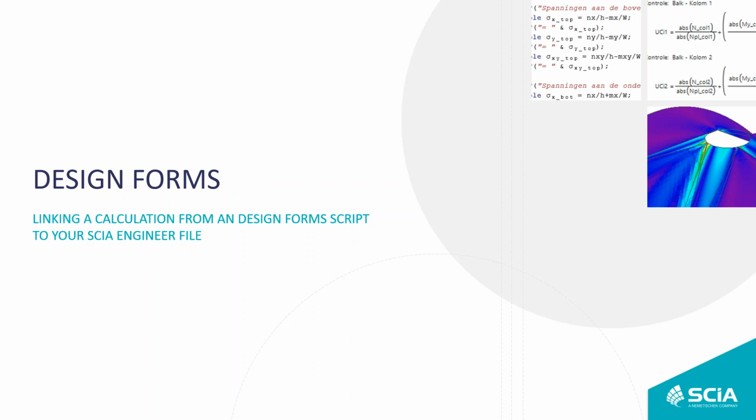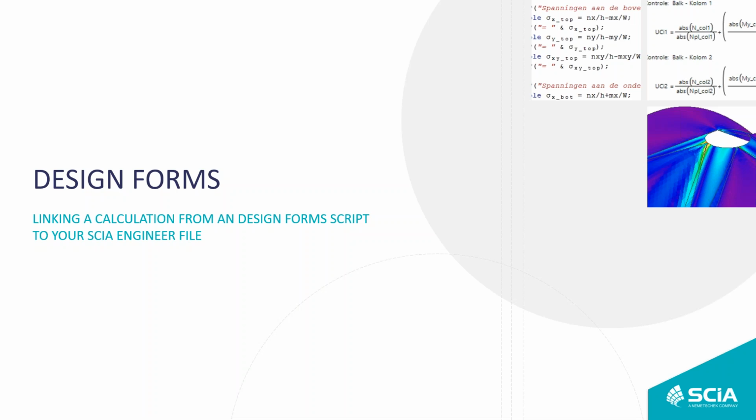With this environment, we can do calculations, but also we can define the output with formulas and drawings. This scripting language can be compared to VBA, the Visual Basic for Applications environment in Excel. In SCIA Engineer, we are not using VBA, but we use design forms, and that is a C# scripting environment.